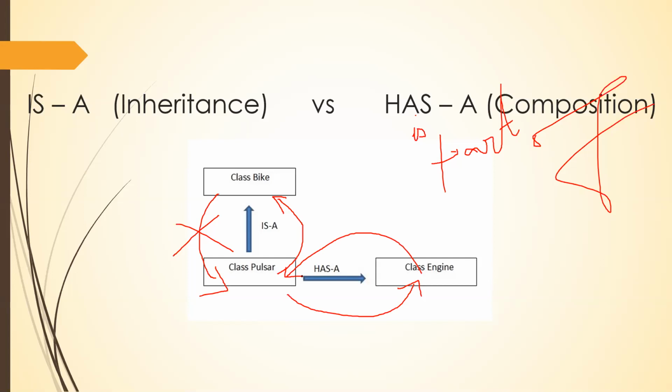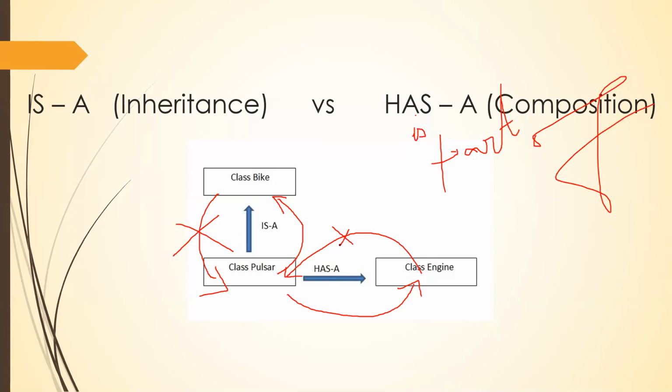Does it hold? Engine has a pulsar, will it work? No, ma'am, it will not work. So both is a and has a are unidirectional. Is a means it comes under inheritance, you inherit, and has a means is a part of or is a component.